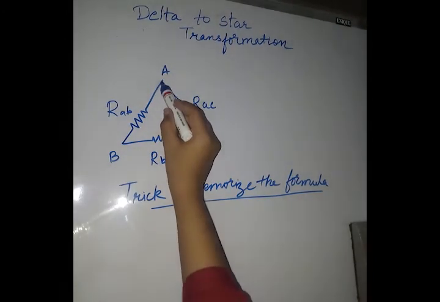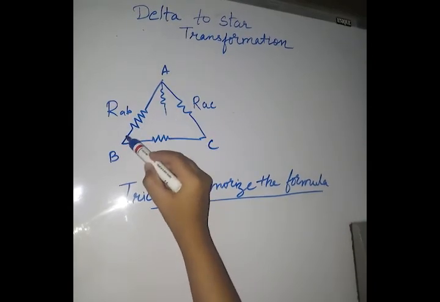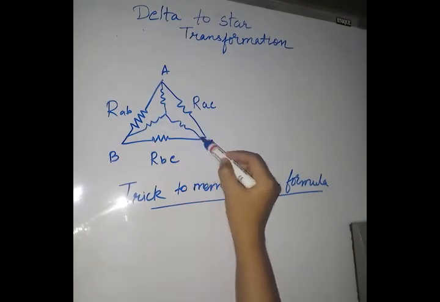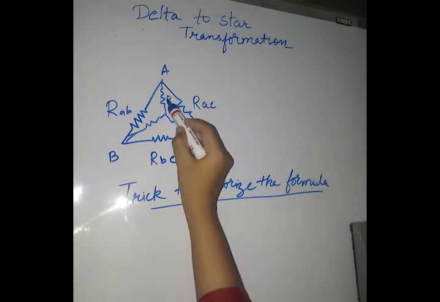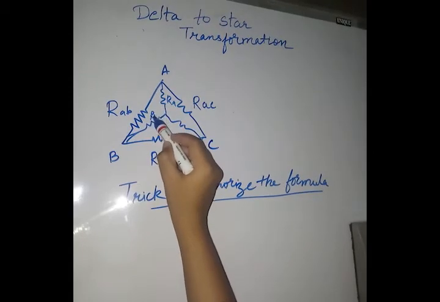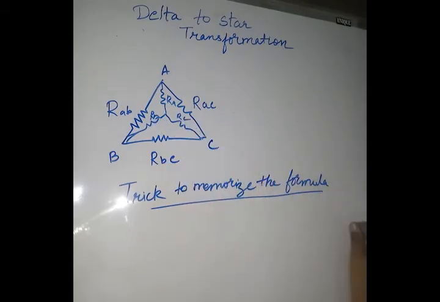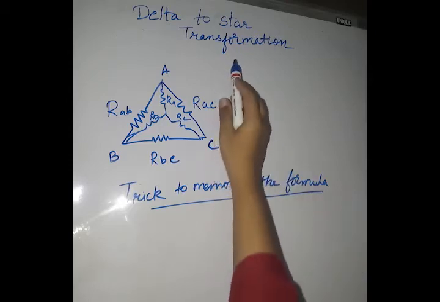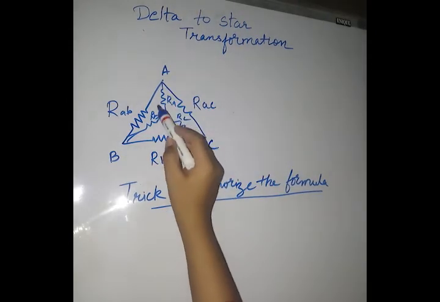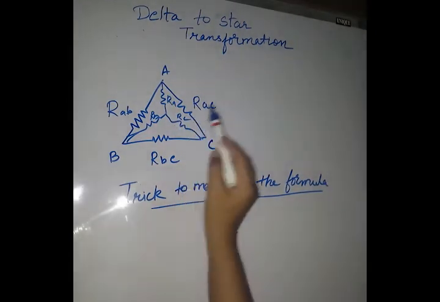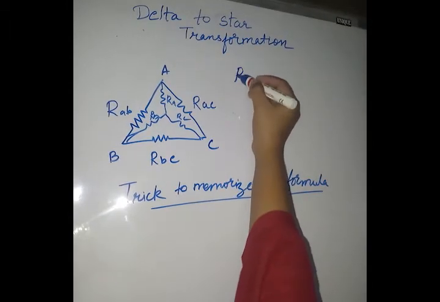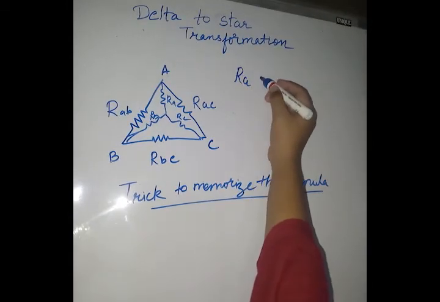So what we will do, we will put star connection inside it because we are going to find the star connection only. So our main task is to find the star connection formula. Star connection resistance are given by RA, RB and RC. So what is the formula?